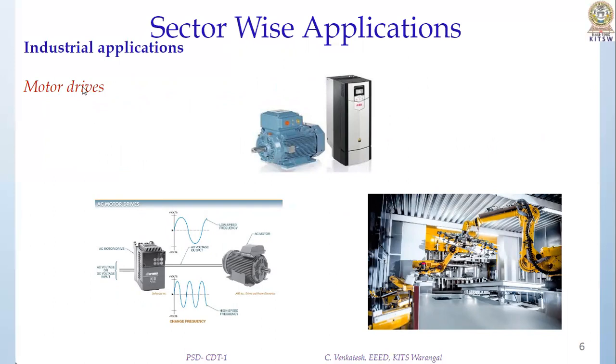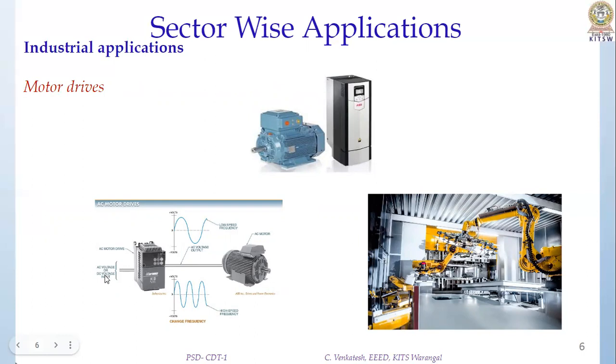So it finds applications in industries as motor drive. There can be a motor, and this motor is connected to the supply through a controller. This controller is made up of a power electronic converter and suitable control logic. So this motor, which is connected through a controller, is called an AC motor drive. This is an AC motor, and this is a drive which consists of a power electronic converter and controller.